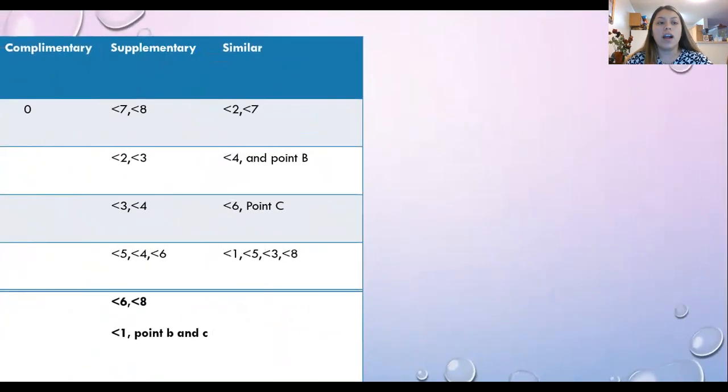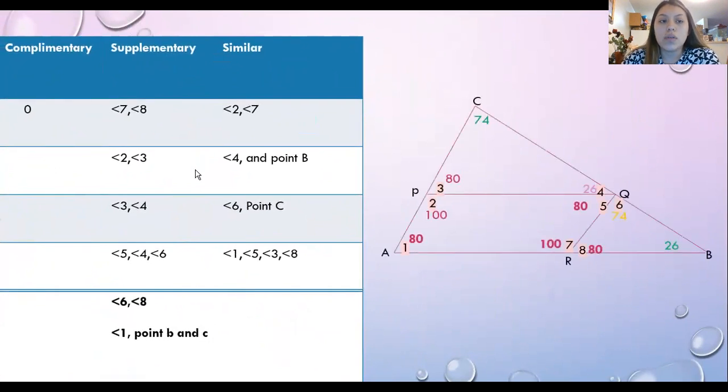Here's a chart of the complementary lines, the supplementary lines, and similar lines. The supplementary lines are angle 7 and angle 8, 2 and 3, 3 and 4, 5, 4 and 6, 6 and 8, point 1, B and C. So it makes a triangle.